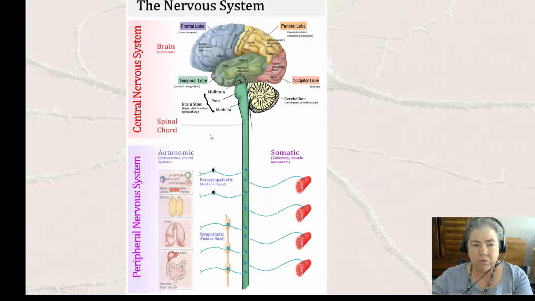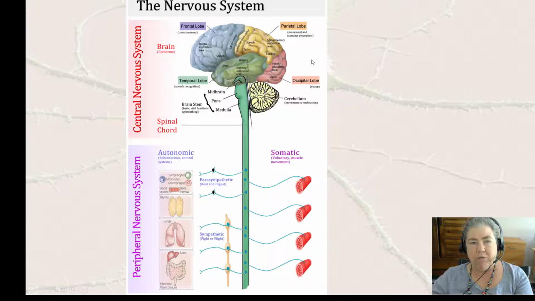It is also divided into autonomic and somatic, and that is in terms of the motor or effector side of the peripheral nervous system. Okay, so in the brain, we have further divisions that we will talk about a little bit.